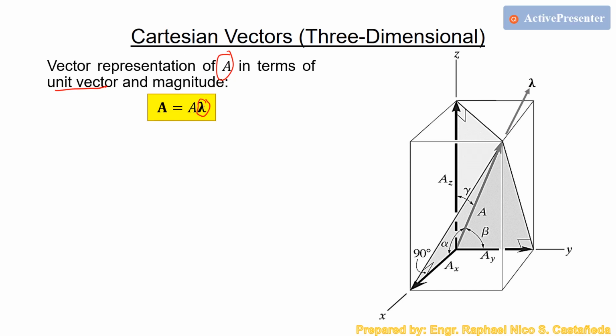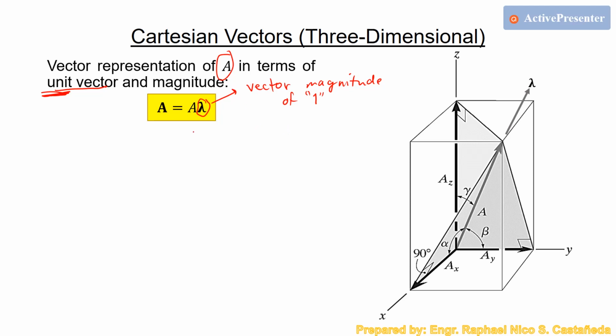Again, a unit vector, which I didn't explain in our previous slides. When we say unit vector, it is a vector with a magnitude of 1.